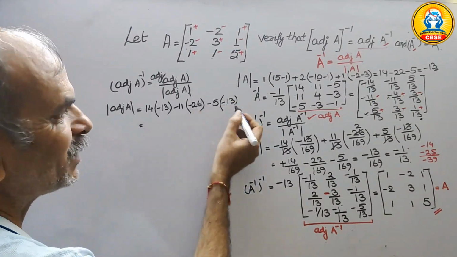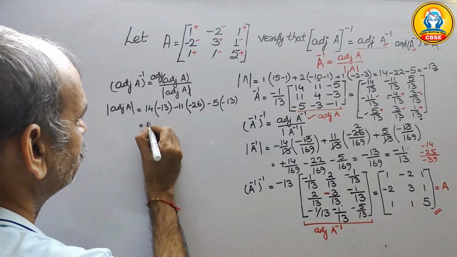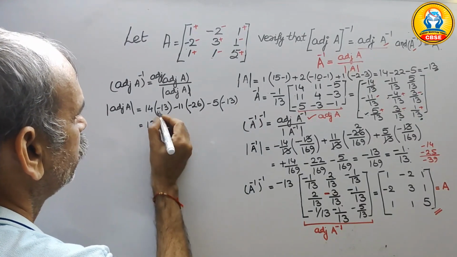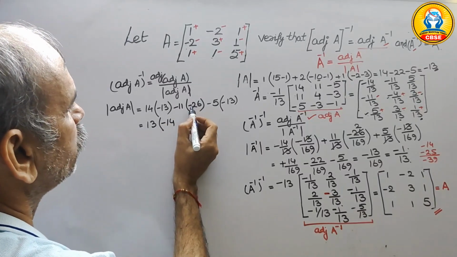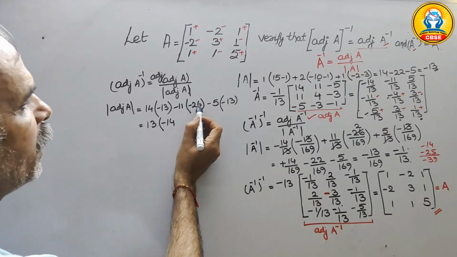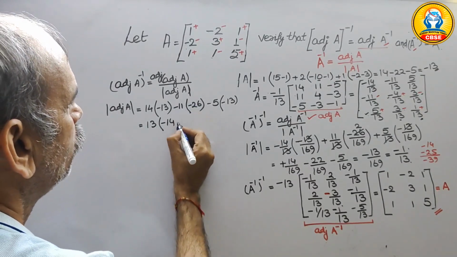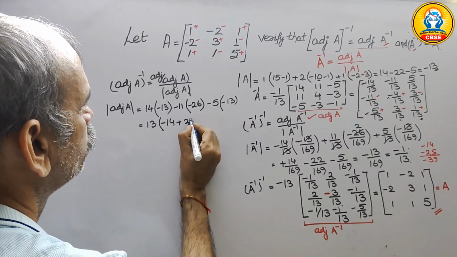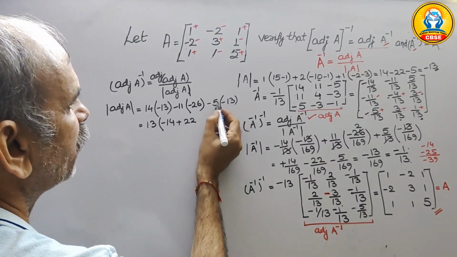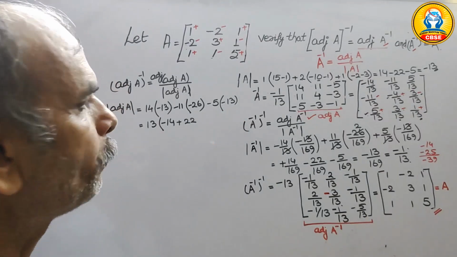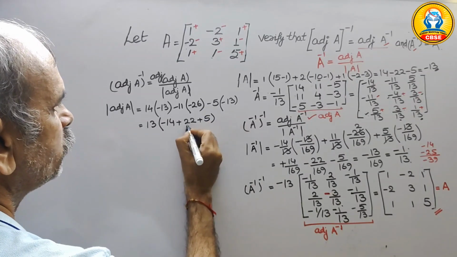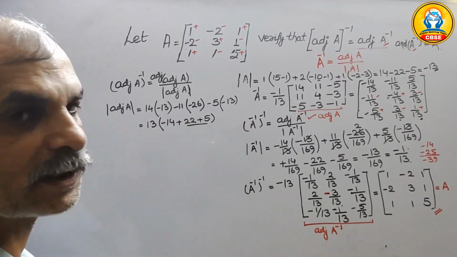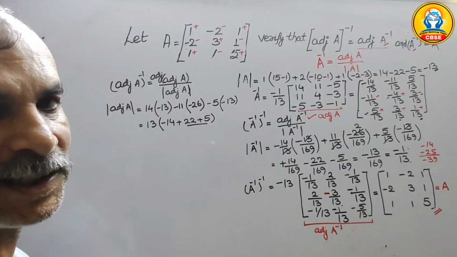So here if you see, 13 is common. Here we will get minus 14. Here we will get minus 2 plus 22. And here we will get plus 5. So this will be 27 minus 14 is 13. 13 into 13 is 169.